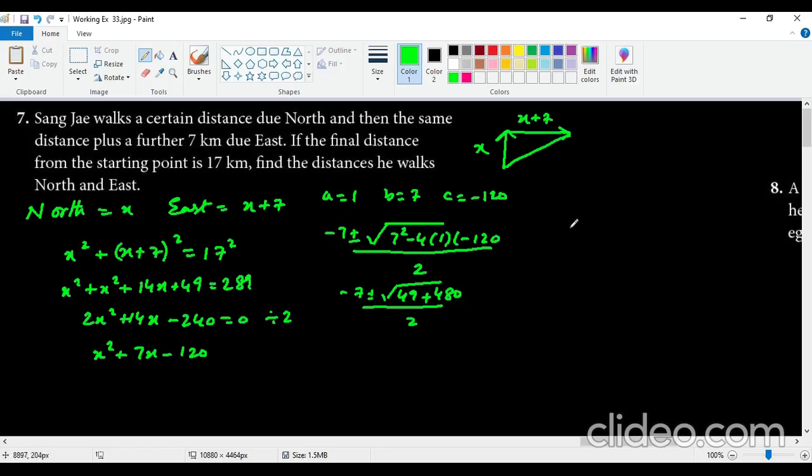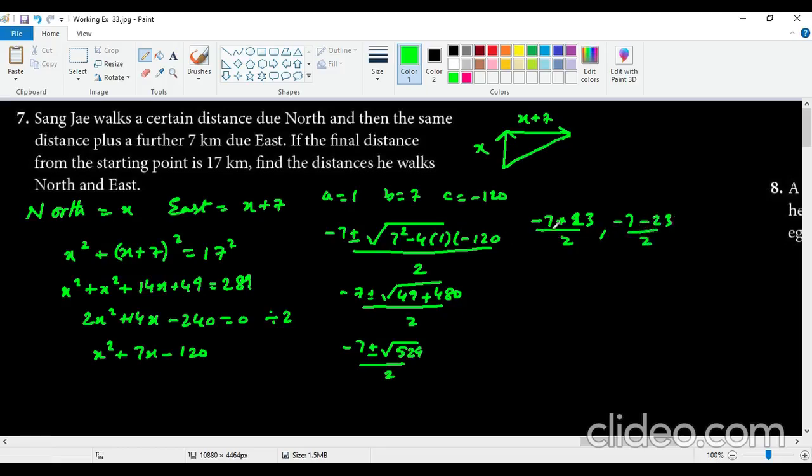One is minus 7 plus minus, I better write here, plus minus 7 plus minus under root of 49 plus 480, which is going to give us 529, over 2, and the root of 529 is 23, so I will write plus 23 over 2 and minus 7 minus 23 over 2.